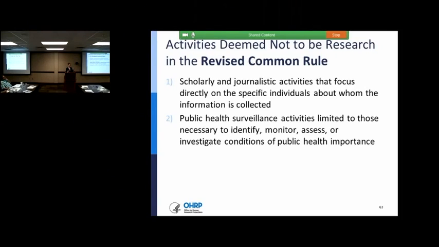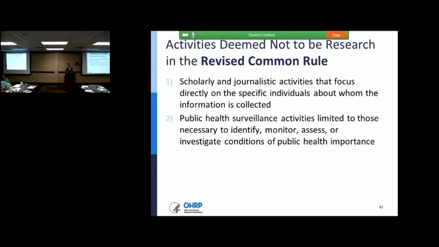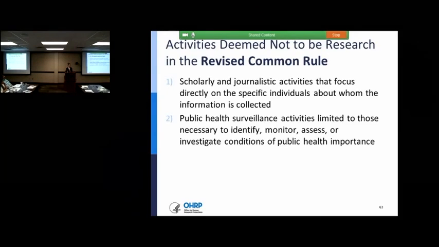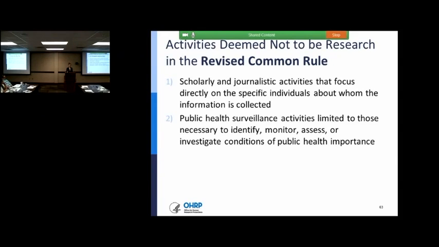The carve-out only pertains to the very limited set of activities that's here. Anytime you want to come back and do secondary research, you're within the scope of the regulations, just like any other study would be.